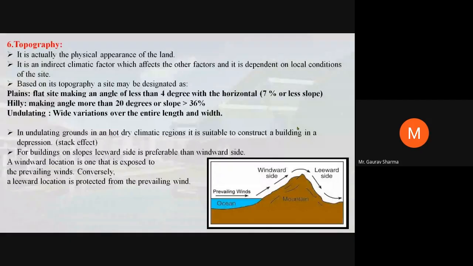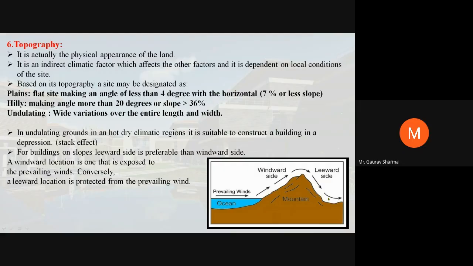As I told you in stack effect, जैसा आपने देखा था stack effect के अंदर, hot air rises always upward, so it provides a medium for the upward winds, right? So if your site is on some higher elevation, you will face some different climatic condition. If your site is on some lower elevation, let's say in a depression, in this particular picture, let's say you are constructing a house here in a depression, then there will be different climatic conditions over there.